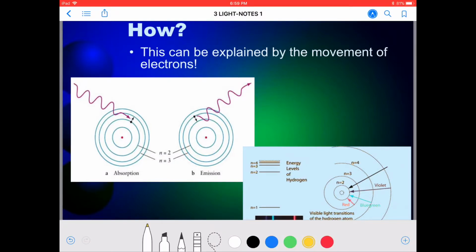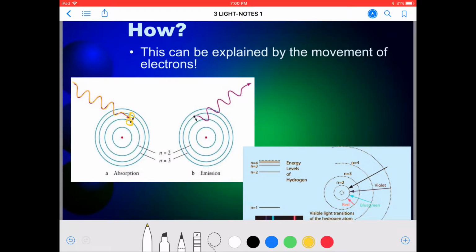If you take a look, this electron over here starts out in the second energy level, and this squiggly line excites that electron. So it jumps up and gets energized. Now it's in the third energy level.